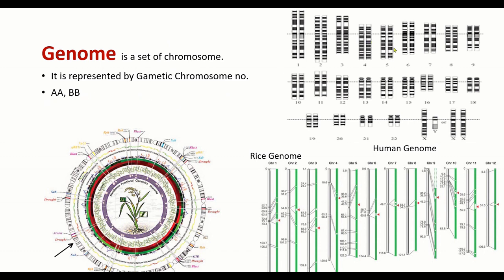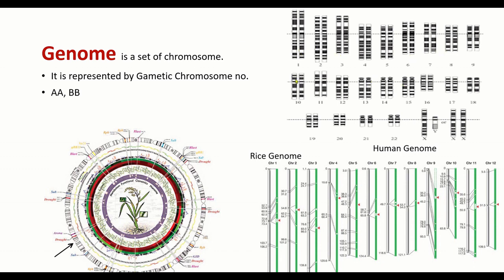And on the right side we have a set of chromosomes, which you can term as the genome. So what is the chromosome number of human? 2n is equal to 46, and half of it, n, is equal to 23.